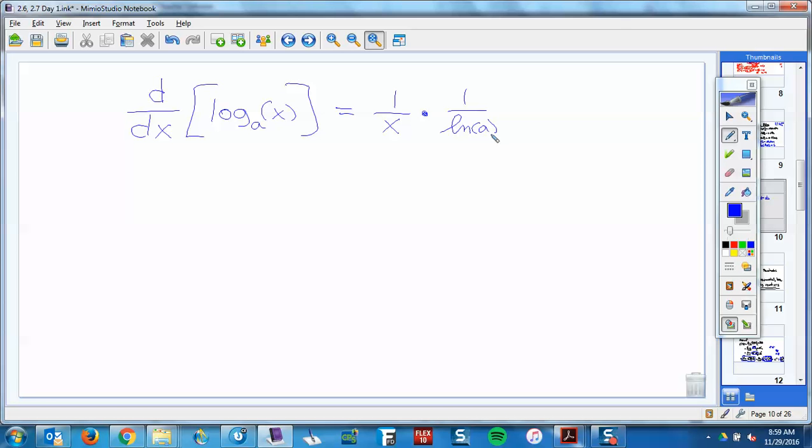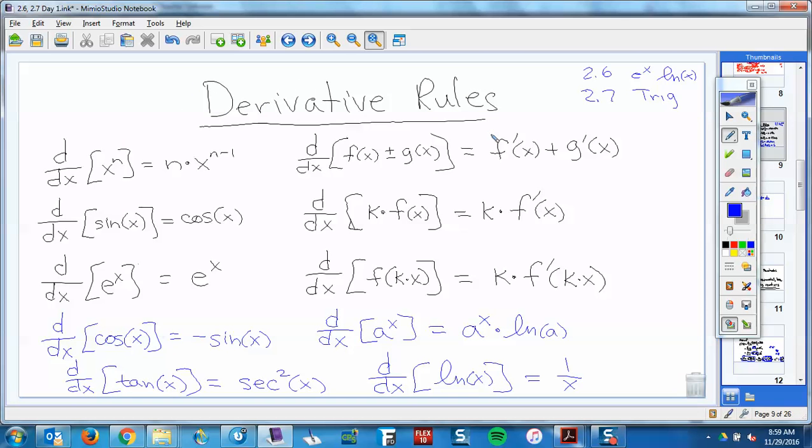If you were going to do log base 2, the derivative is 1 over x times 1 over ln2. You have to tack on this 1 over ln2. So you just have to memorize that. We don't run into those very often. We don't run into 2 to the x's very often, a little more often than those logs. Most of the time we're dealing with ln's and e's. So those are just going to have to be memorized.